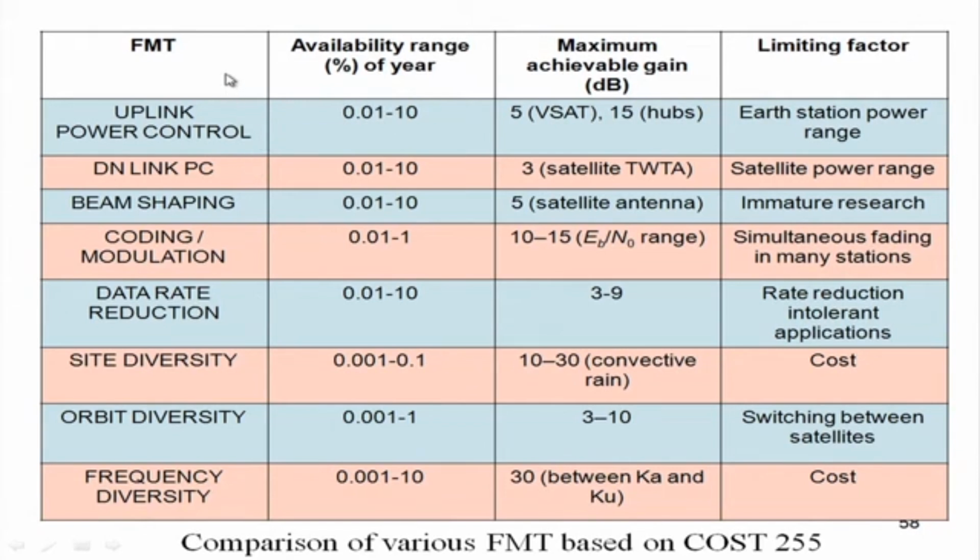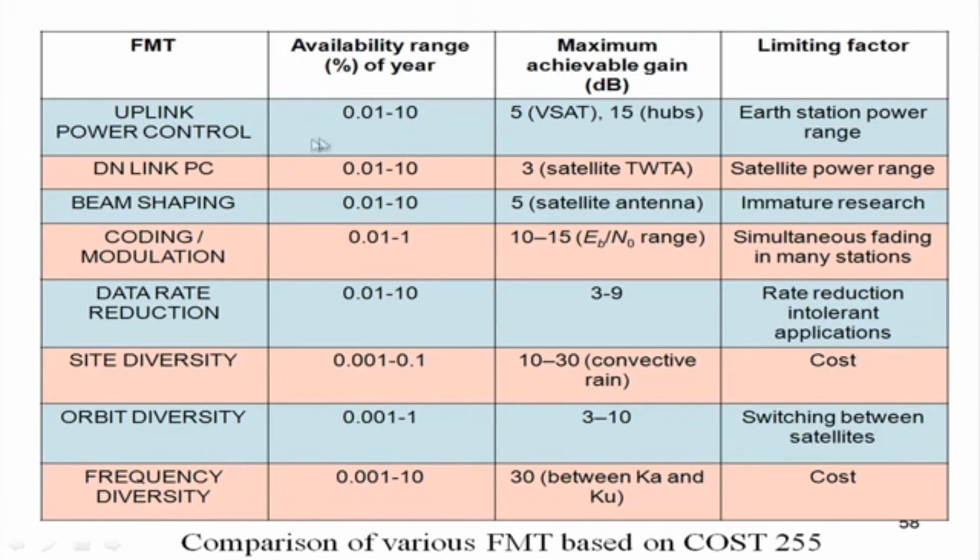What is shown here is the fade mitigation technique list, the average range of the year when the impairment takes place, or I should say the availability of this FMT, and using that, what should be the achievable gain they have estimated in dB, and what could be the limiting factor for each of them. This list has to be seen carefully. Some of them are simulated, some of them are experimented.